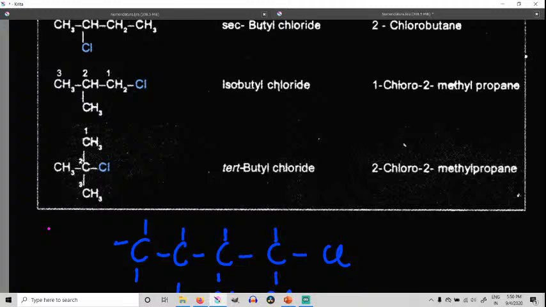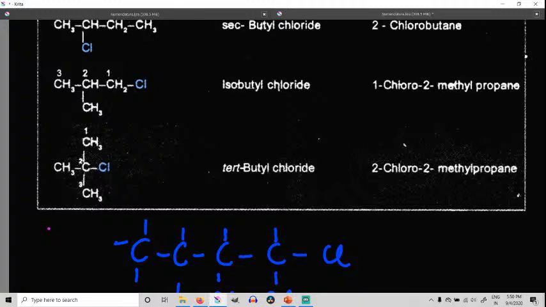It means this has the longest chain. The parent chain will be the vertical one, not the horizontal one. Since there are 3 carbon atoms, on the second carbon atom 1 chlorine and 1 methyl group are present. So the name will be 2-chloro-2-methylpropane.